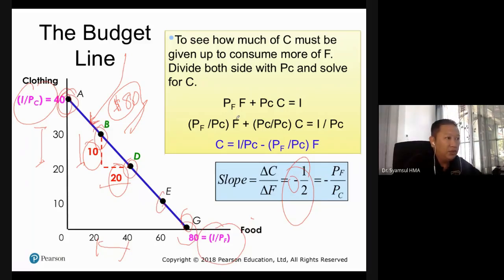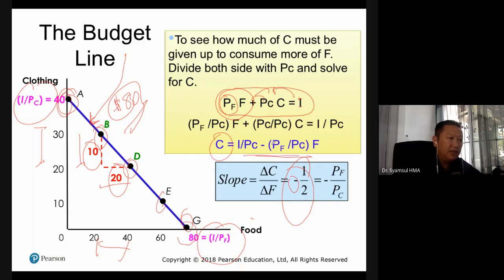And then you can also use this formula: the amount spent on food, which is the price of F times the amount of F, plus the price of C times the amount of C, is equal to I, income. Then you do some algebra, and you can get the slope.